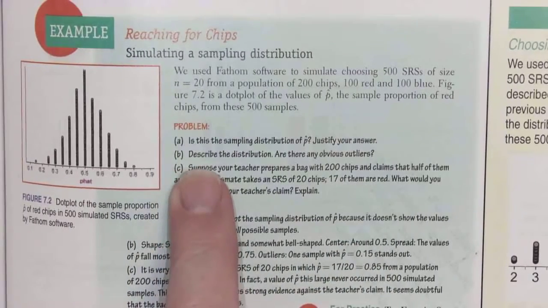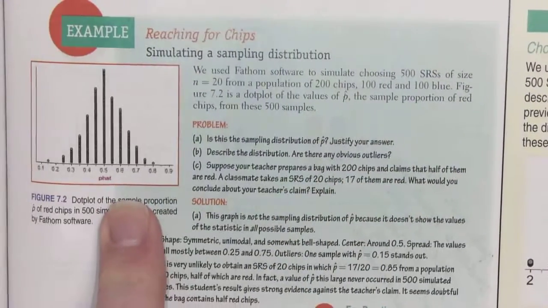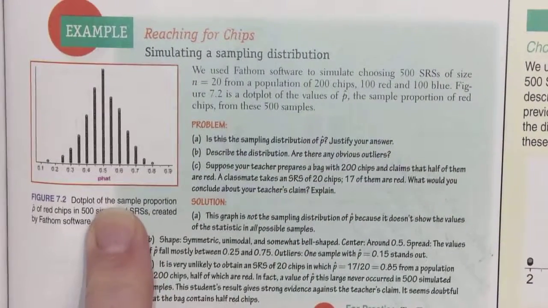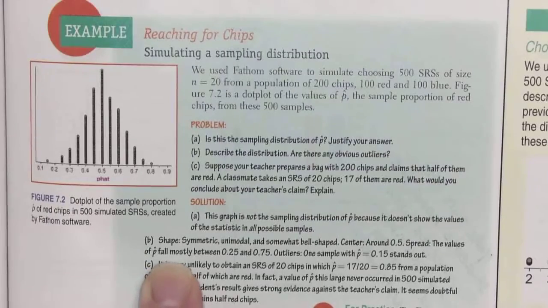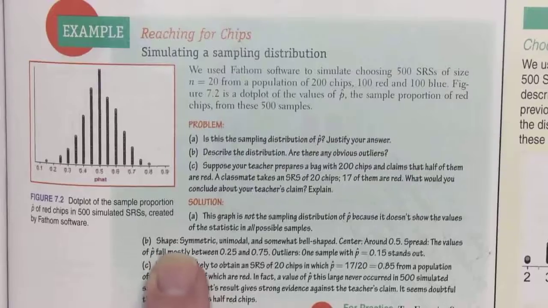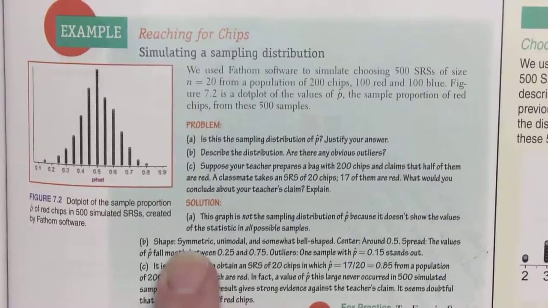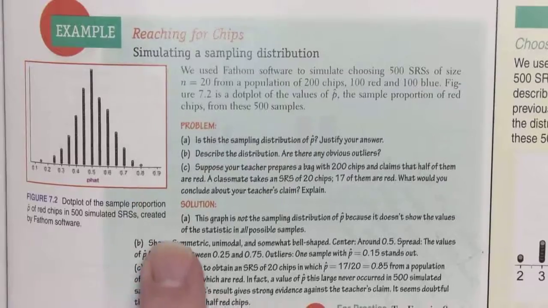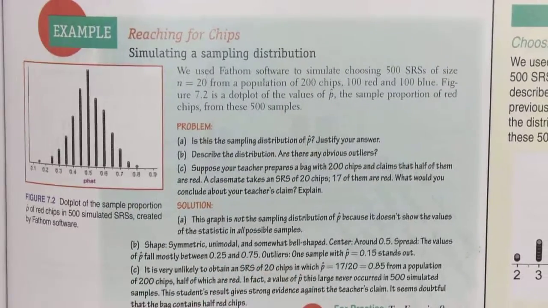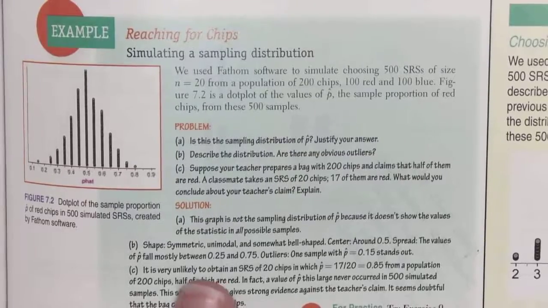Now, second question. Describe the distribution. Are there any obvious outliers? Well, it says there may be, that one on the left may be one. So let's read what it says. It is symmetric. You guys agree with that? What else do you think about it? Unimodal. It has one mountain right there. And it's a bell shape, so it looks normally distributed, doesn't it?